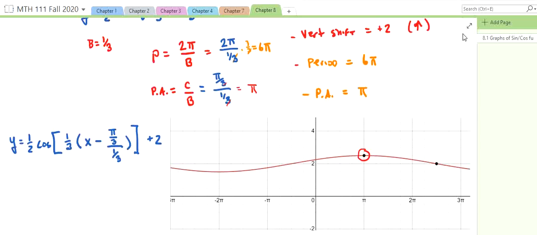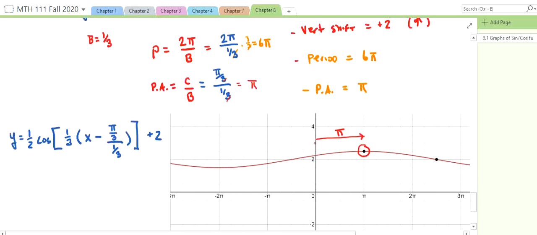The cosine function usually starts at 0 at 1, but that's the maximum value. So this thing has shifted pi over, and every value in this function has shifted pi over. Now, this is our phase angle.